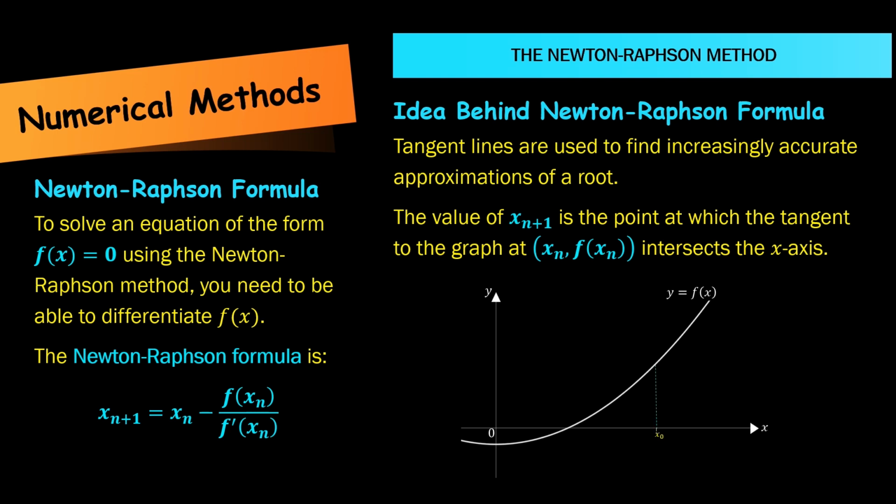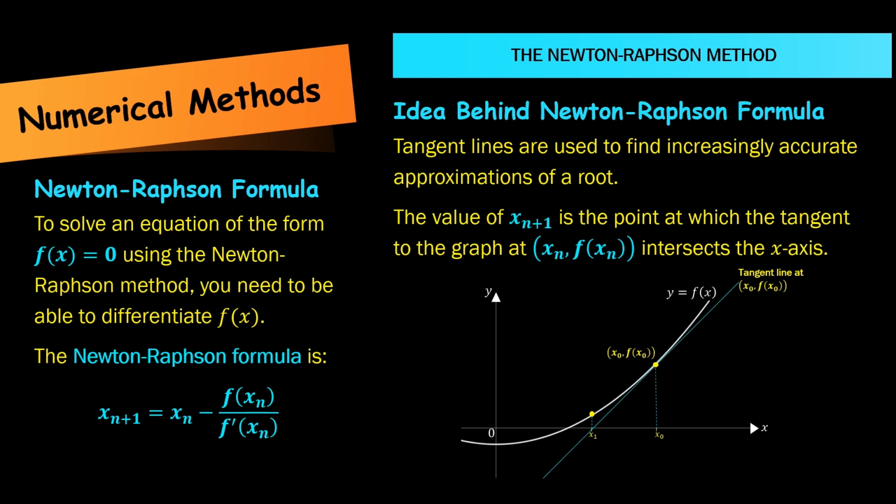we begin with the point x0, as shown here. The coordinate is x0, f of x0. And the tangent line is as shown. The next point along is the value x1.